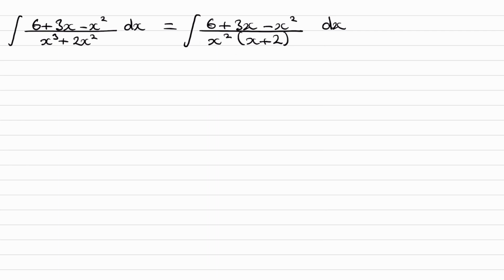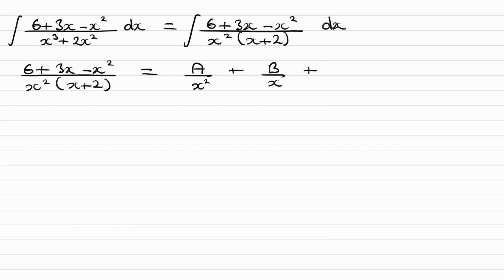straight to partial fractions. So the 6 plus 3x minus x squared, all divided by x squared times x plus 2, can be rewritten as a over x squared plus b over x plus c over x plus 2.